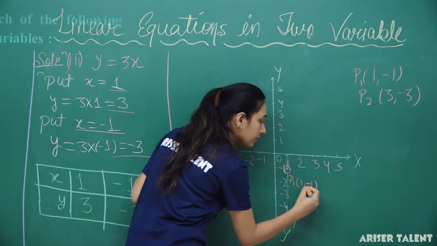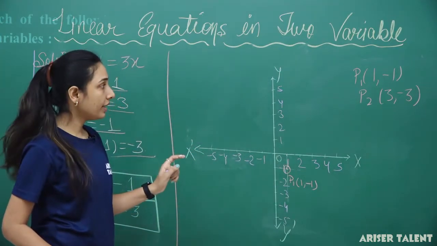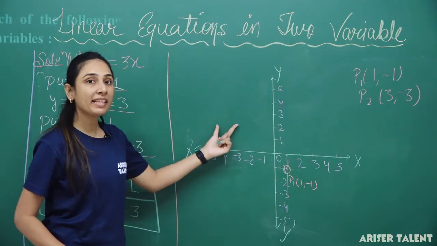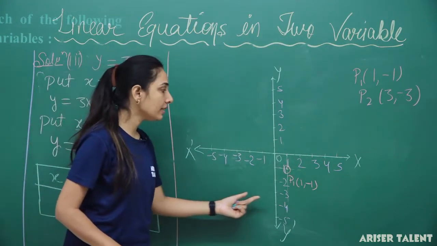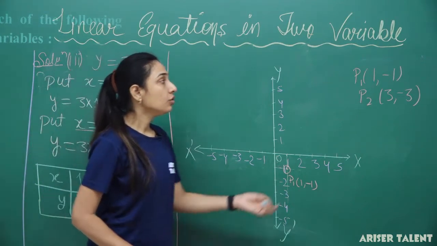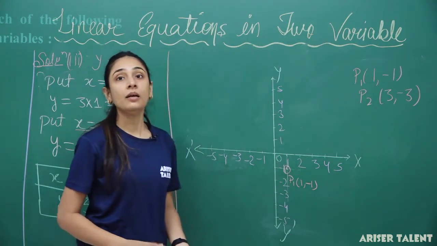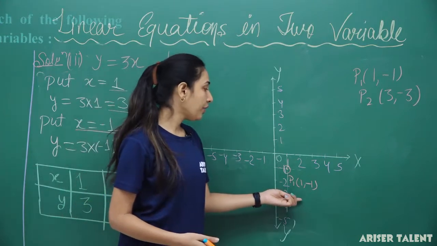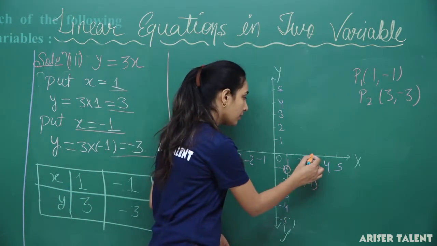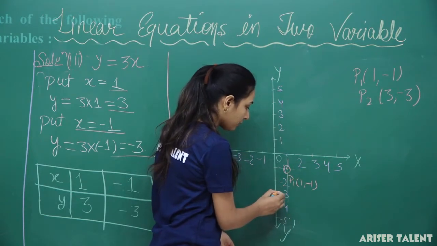Simply plus plus here, minus plus here, minus minus here and plus minus here. So that will be in the fourth quadrant. Now 3, minus 3, again plus minus, so that point will lie here too. So I will be having this 3, this is the point, and minus 3, this is the point.